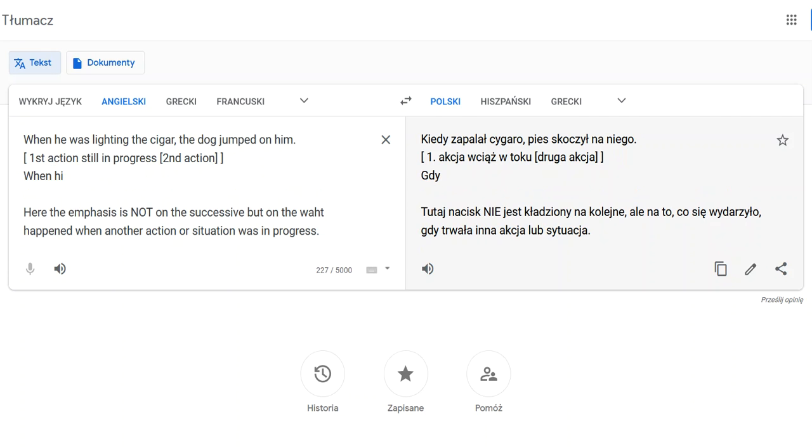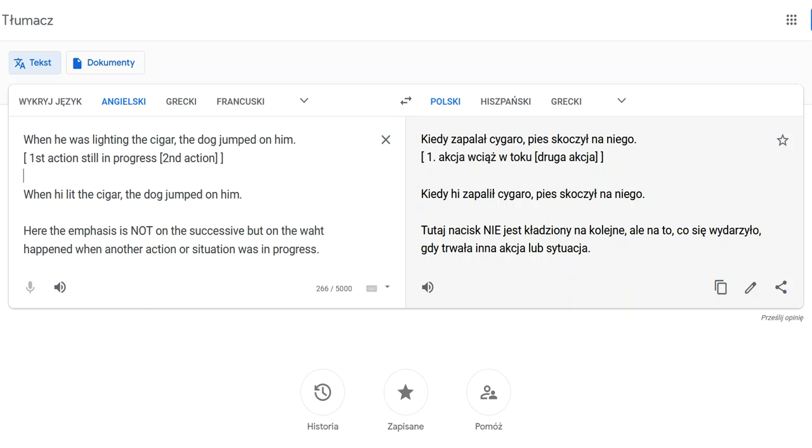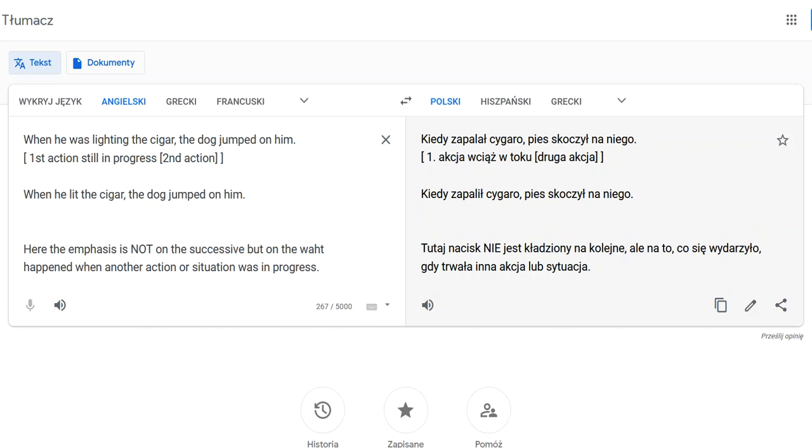When he lit the cigar, the dog jumped on him. Now in this situation, okay, we have first action and then second action. Okay, this is successive.